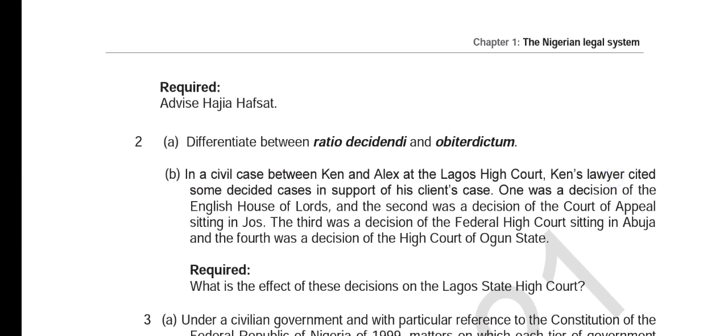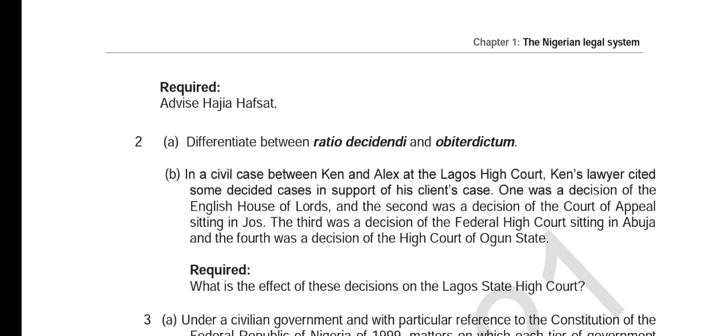So also you are asked to differentiate between ratio decidendi and obiter dictum. Like I said before, ratio decidendi talks about the rationale behind a court's judgment, a court's formal decision, while obiter dictum are just the other parts of the precedent. Ratio decidendi, looking at it from the material facts, is binding.